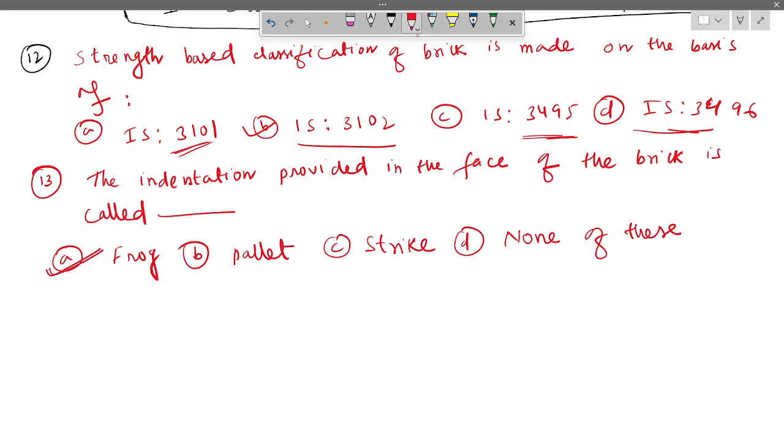It is frog. The frog is a depression made on the surface of the brick.